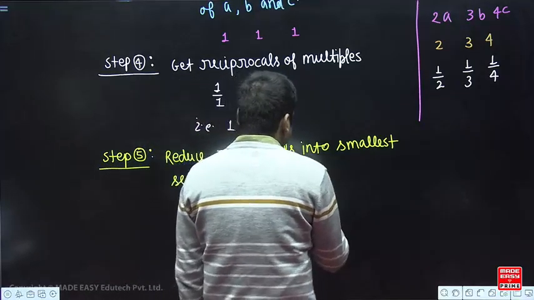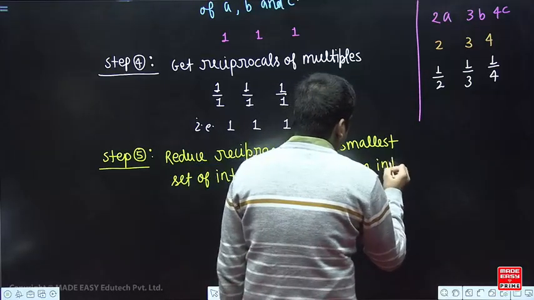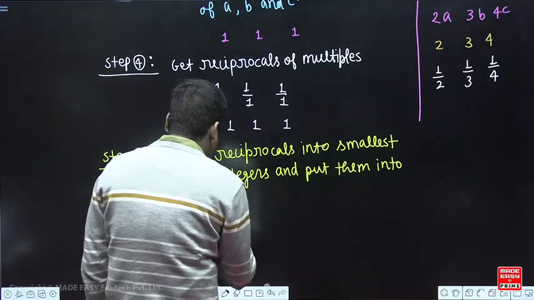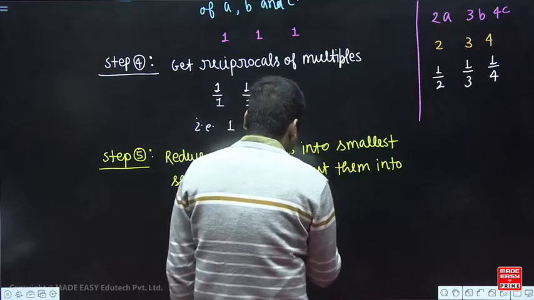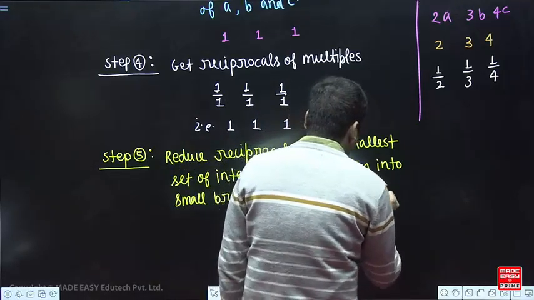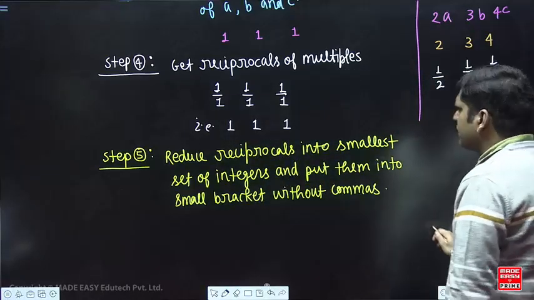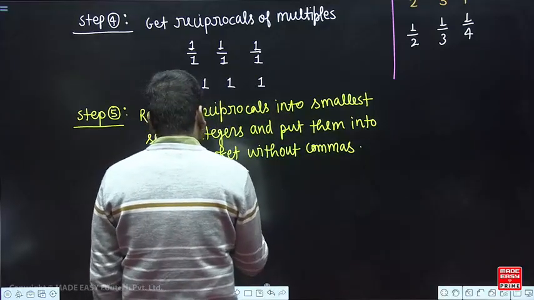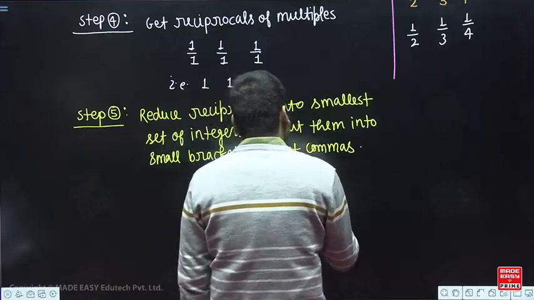And put them into a small bracket without commas. Here it is already an integer, so we need not worry about this. Put them into a small bracket 1, 1, 1, and this will be the Miller indices for given plane.